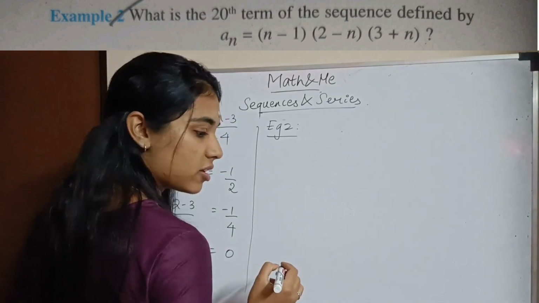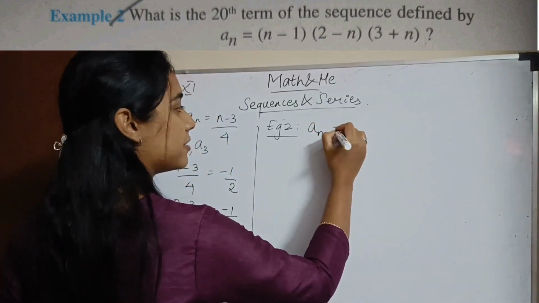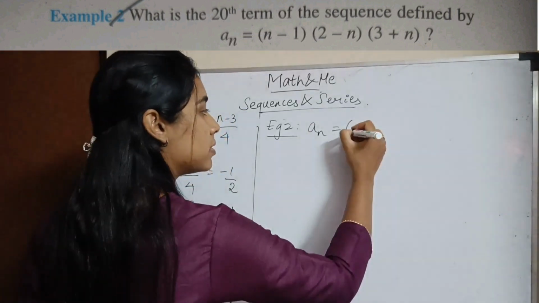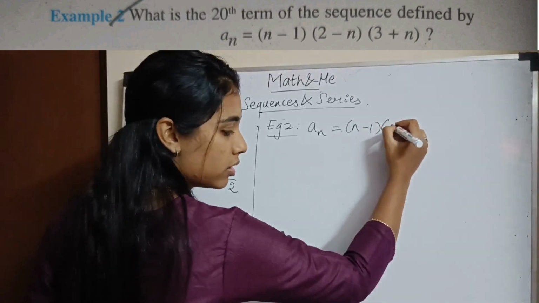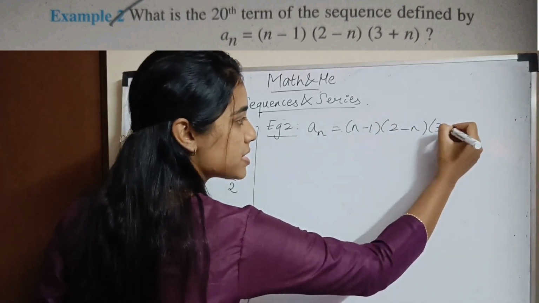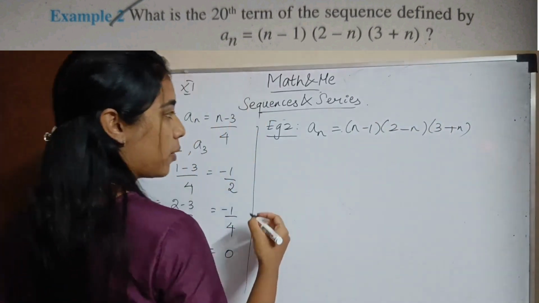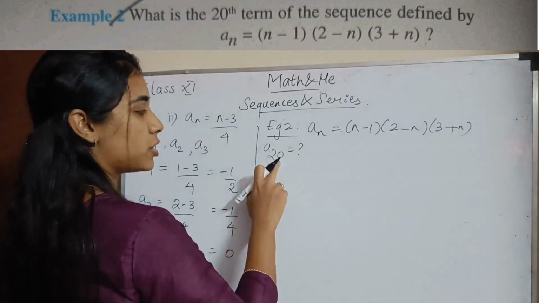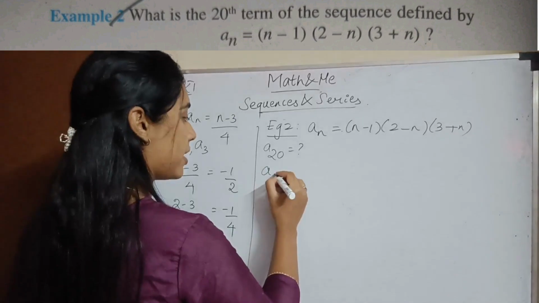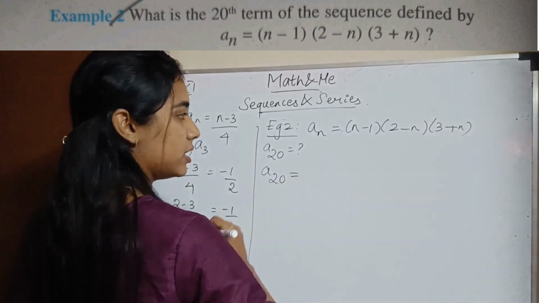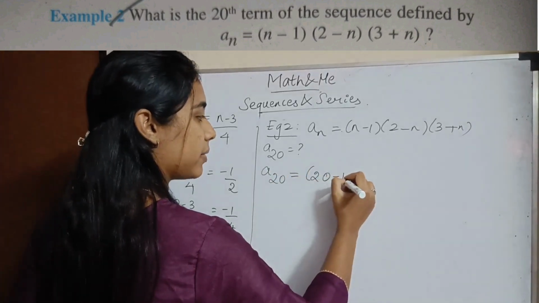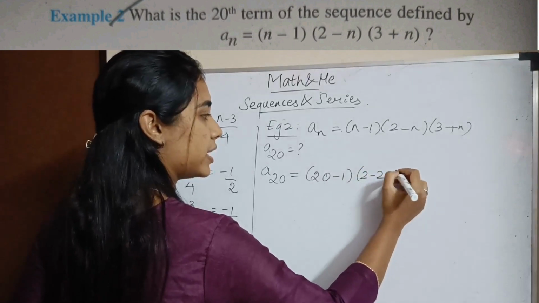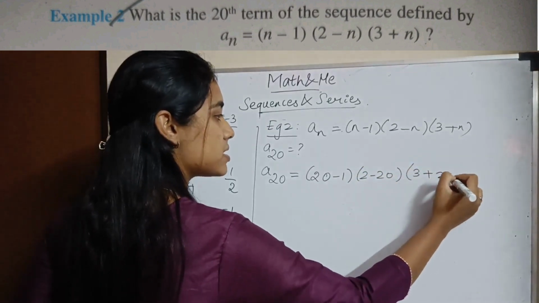Write the 20th term of the sequence defined by an, which is n minus 1 times 2 minus n times 3 plus n. They want the 20th term. So you simply substitute 20 for n. So you have A20 equals 20 minus 1 times 2 minus 20 times 3 plus 20.